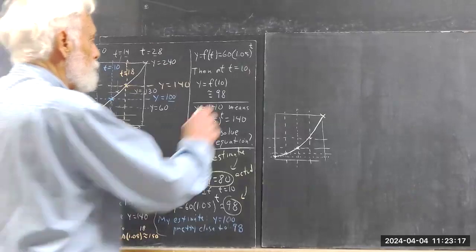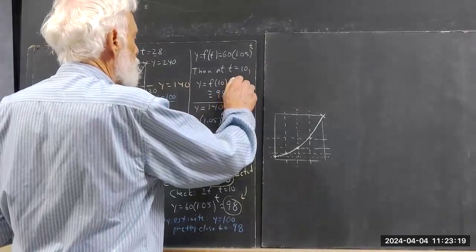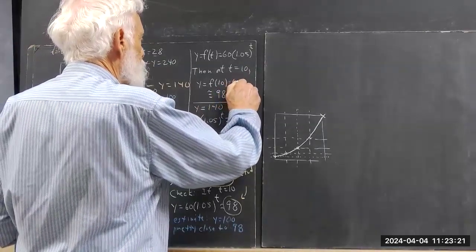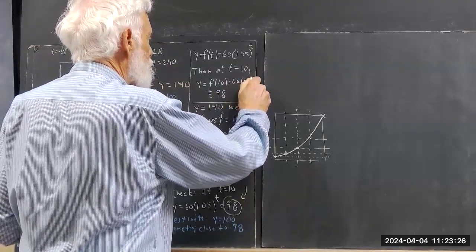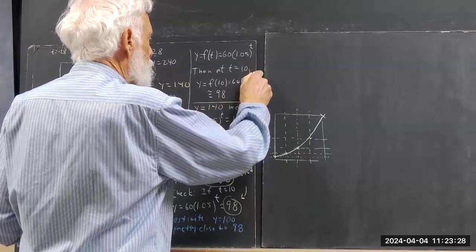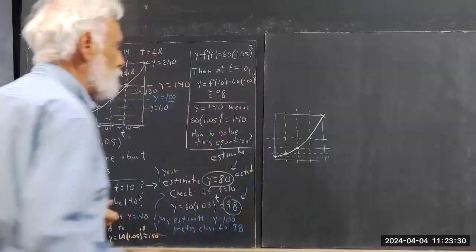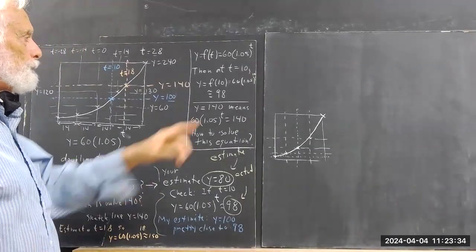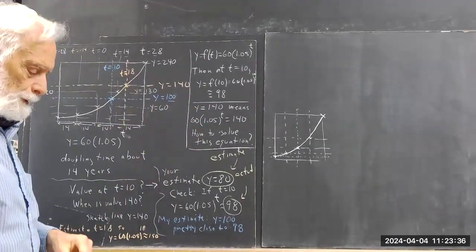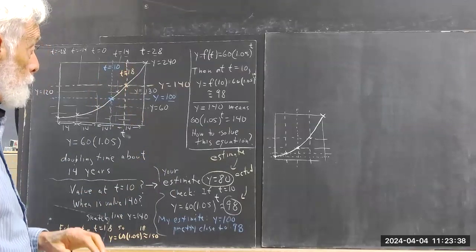I don't really have room to write that very well, but I'll write it kind of small. It's going to be 60 times 1.05 to the 10th. Might be a little hard to read. We were under duress when I did this because the computer was about to reboot.